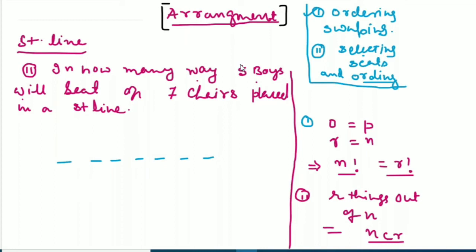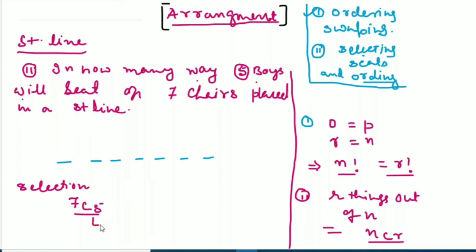So how many places do you want? The number of boys, 5. How many places do you have? 7. So the first activity of selection here will be done in 7C5. Now how to calculate this 7C5? Don't worry, I'll tell you in the class only. That's a part of our discussion. We'll be discussing in detail in coming time.